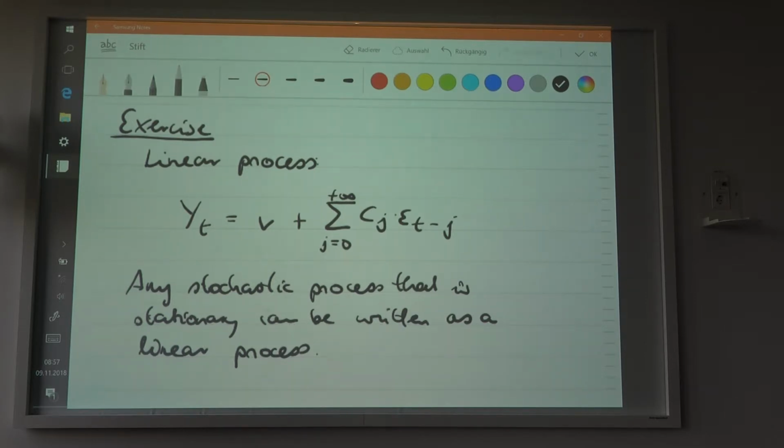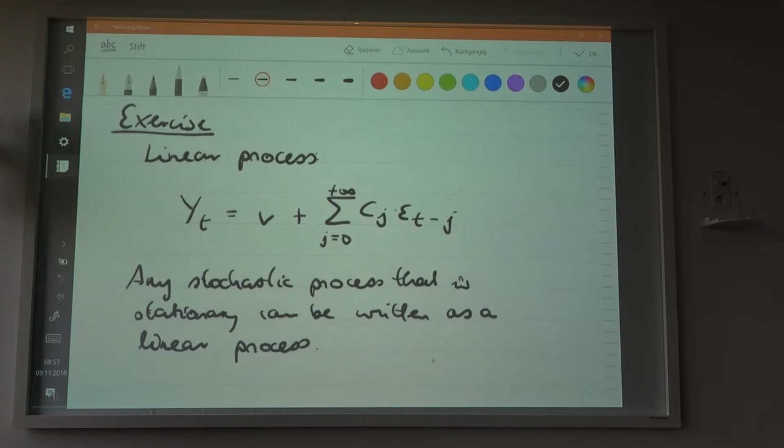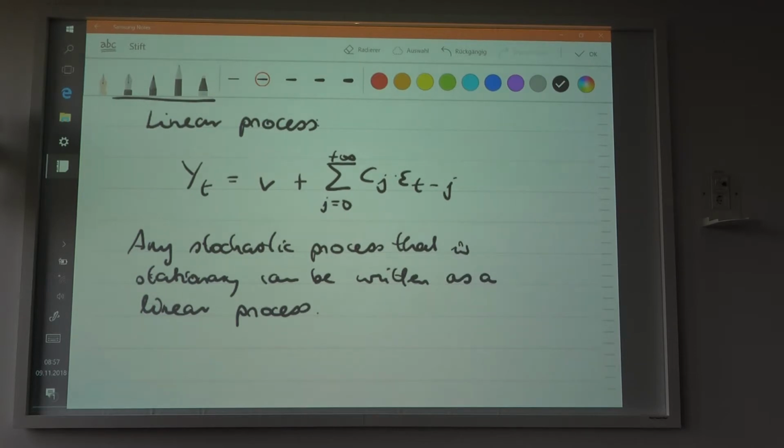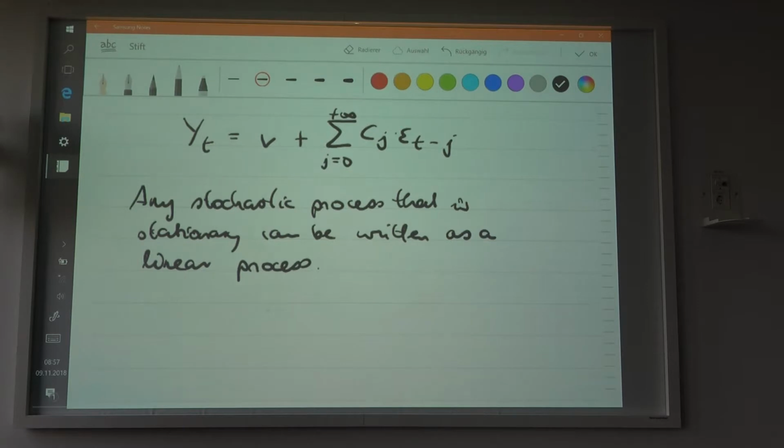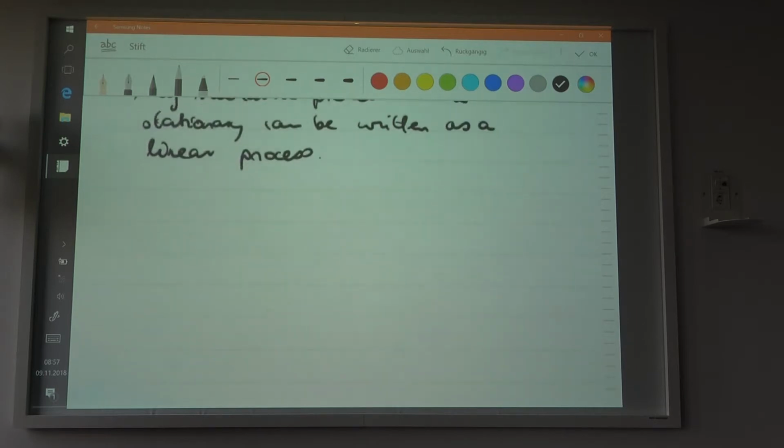That was the only difference. But this is just a generalization, so the same properties hold. You can try that. But that is important: any stochastic process that is stationary can be written like that. That's the basic property here.